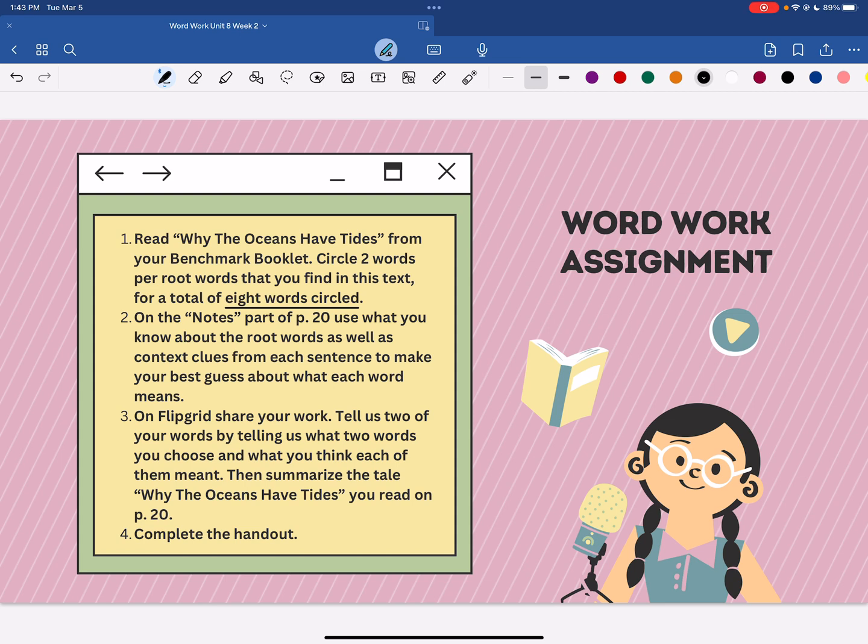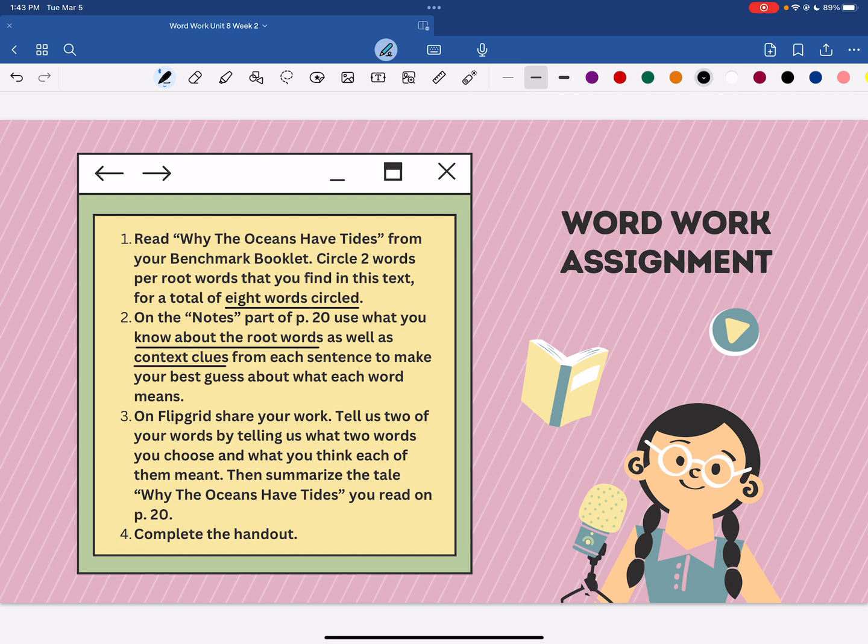Step number 2, after you're done reading Why the Oceans Have Tides and circling 8 words, the next thing you're going to do is use what you know about the root words. I told you the definition, so use what you know about the root words, as well as context clues, like you saw me underline or circle in green.